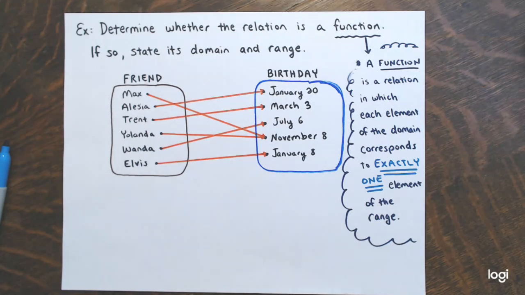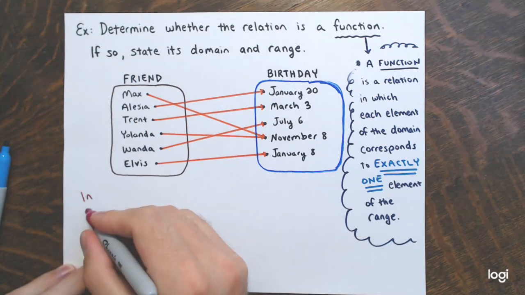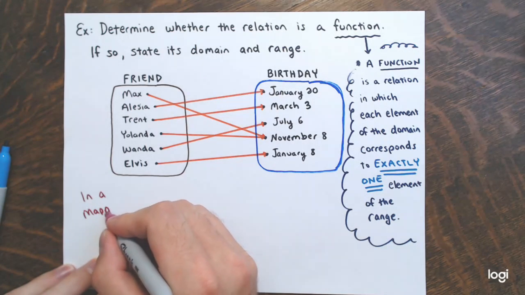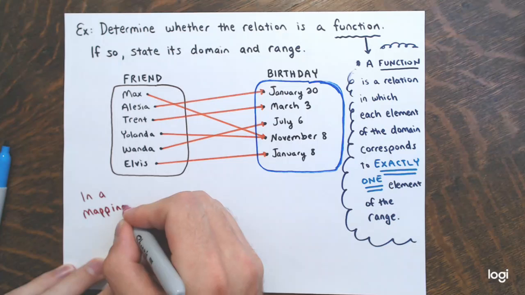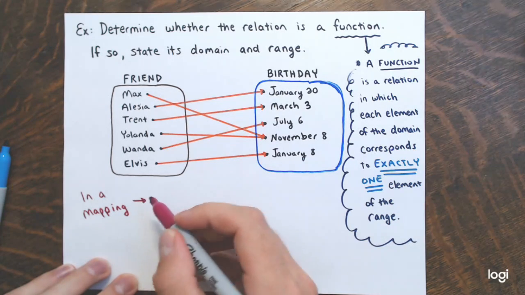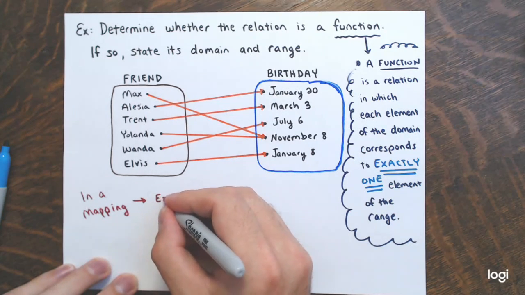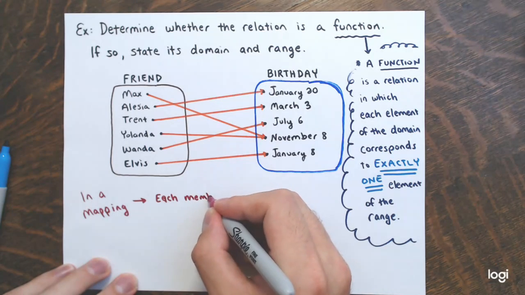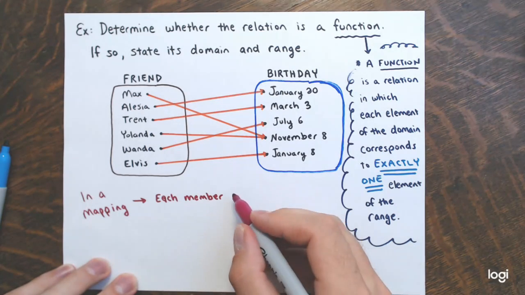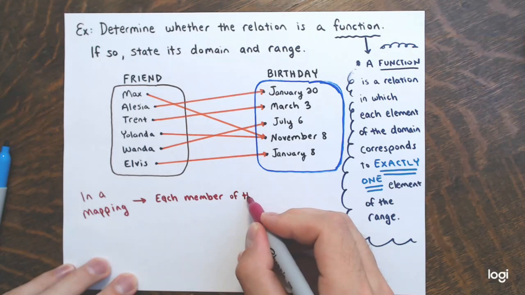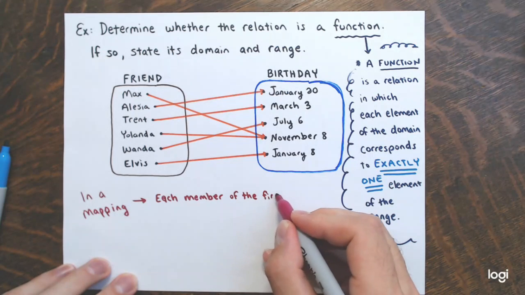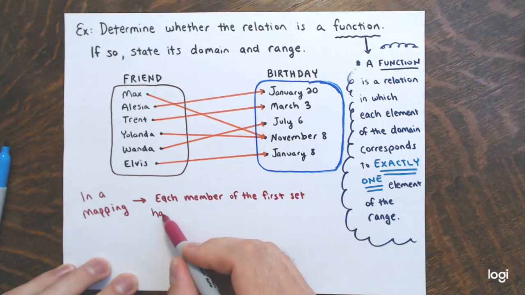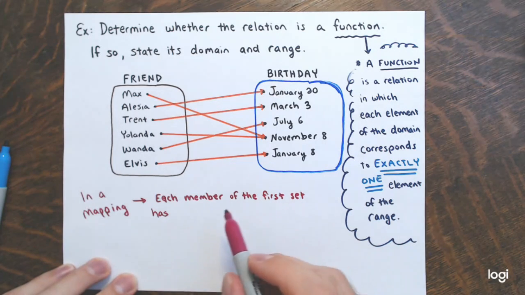In a mapping, this means that each member of the first set has exactly one arrow coming off of it.